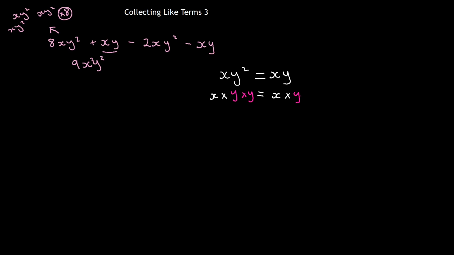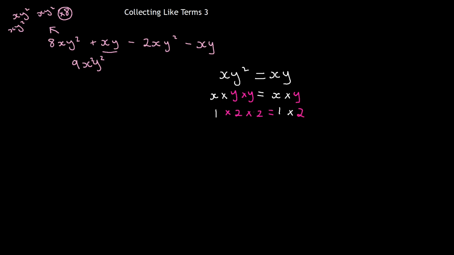But we can take this further to prove for ourselves that this will not be the same. We could do this by substituting some numbers. If x is 1 and y is 2, then on this side it's 1 times 2 times 2, and on this side you're going to have just 1 times 2.